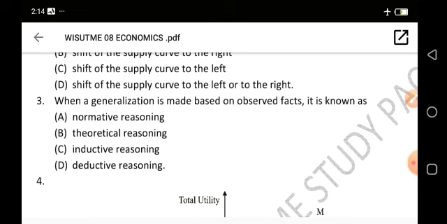Inductive reasoning makes a broad generalization from a specific observation. So when we talk about inductive reasoning, we are talking about application to prediction, forecasting, or behavior, just like we have under consumer behavior.